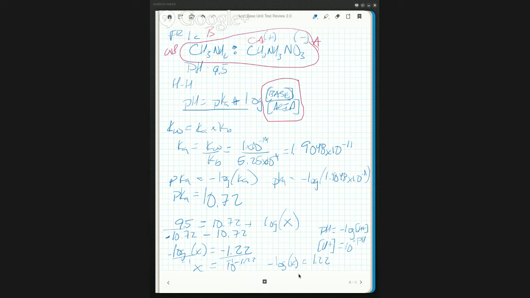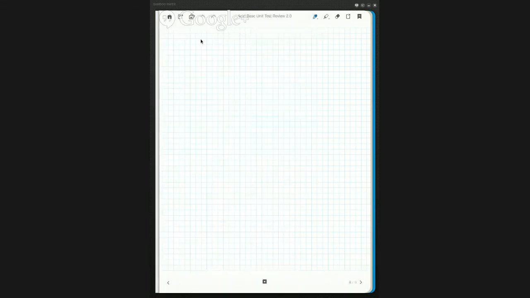So x is equal to 10 to the negative 1.22, which is what I did. The ratio of base to acid doesn't work out really well. Usually it's done in a whole number ratio, but the ratio would give you 0.06 as your ratio of base to acid, which is a little unusual. If you were to flip it around, as far as acid to base, you'd get a different number. But that should be the answer to 1C.